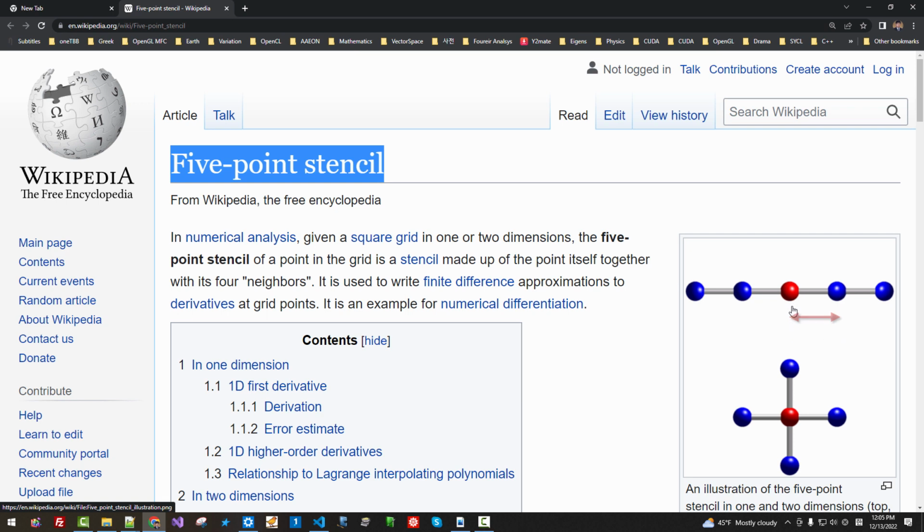From the red point, this distance is plus 2h. This point is minus 1h. This point is minus 2h from the value of x.